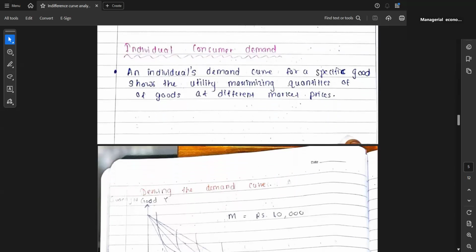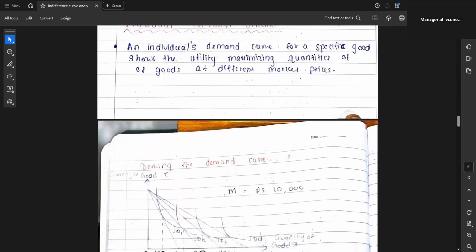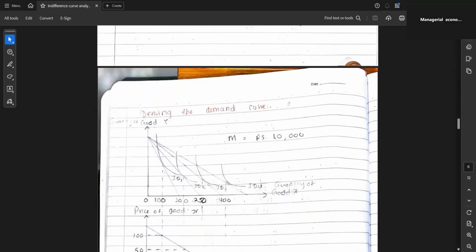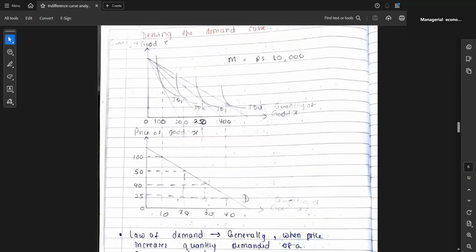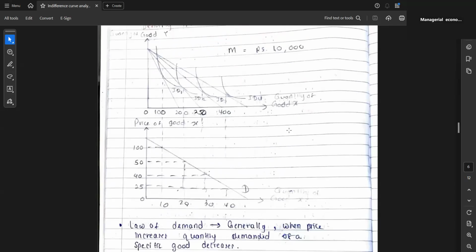Then we are going for individual consumer demand. The individual consumer demand curve can be derived using the indifference curve. The demand curve shows the different quantities that the consumer is willing to purchase at different price levels.